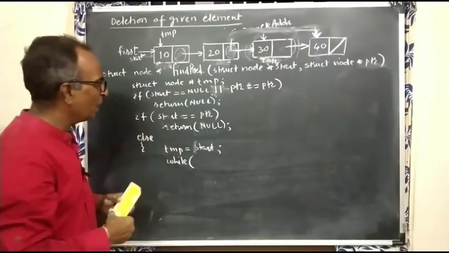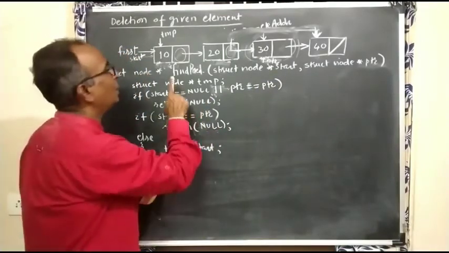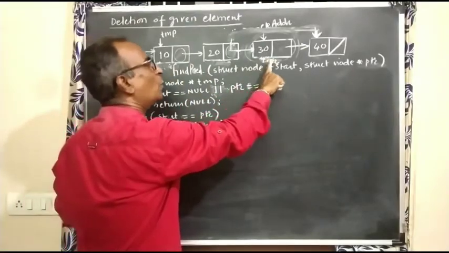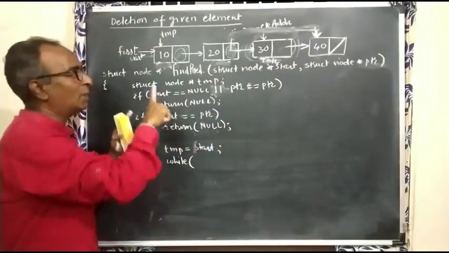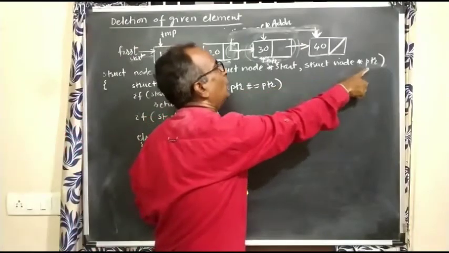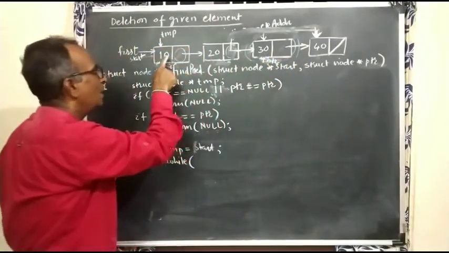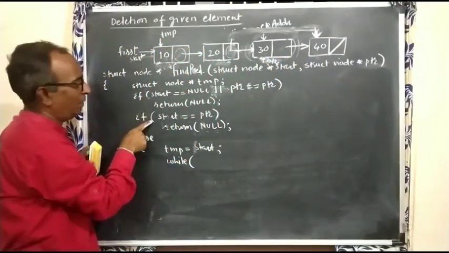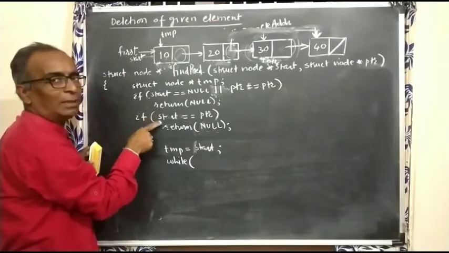But when you are finding the predecessor, this pointer will definitely be on one of the nodes. PTR will point to either this or this. The first node we have tackled.